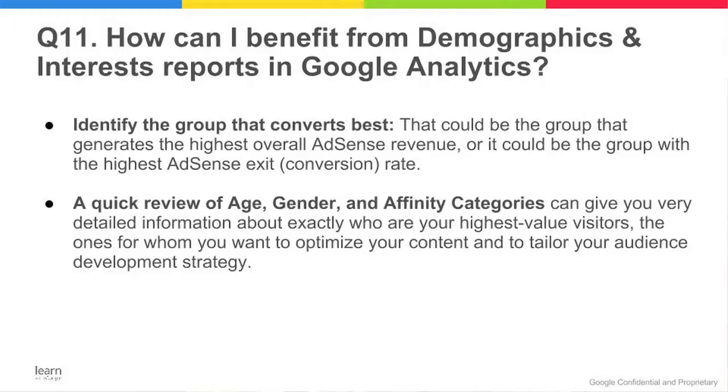And after breaking down your report by age, you can also break it down further with gender information. And you can even break it down with categories to find the best AdSense converters.